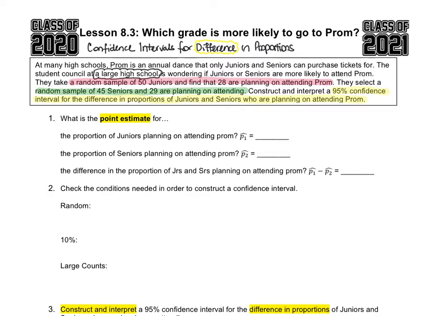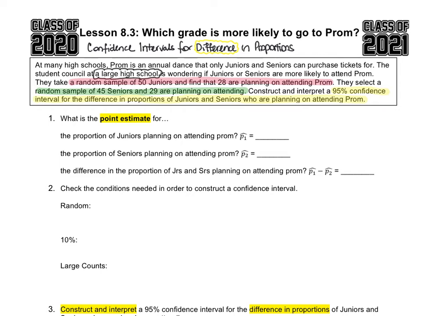As we work through the difference in proportions, in order to find a difference, we use subtraction. So we need to know which of our proportions is going to be p1 and which one is going to be p2. And that's basically going to tell us which proportion is being subtracted from which. As we read through the question, you probably noticed it said difference in proportions of juniors and seniors.